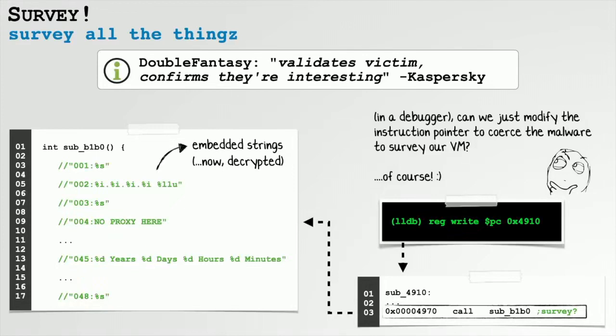They're all contained within one subroutine, so I wondered, could I coerce the malware to essentially perform a survey for me? So A, I could see how it performed it dynamically, but B, also see what the survey contained. The answer is yes, of course. We basically just load the malware in a debugger and then manipulate the instruction pointer to point to a function that calls the subroutine.